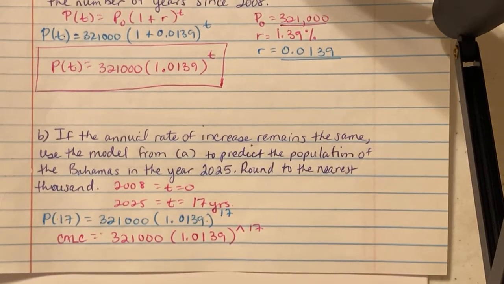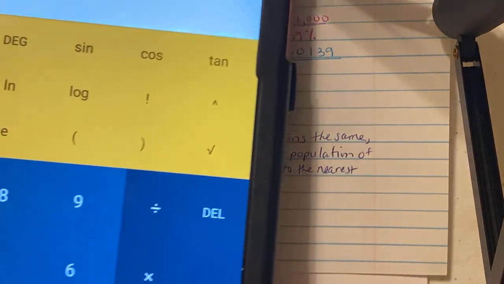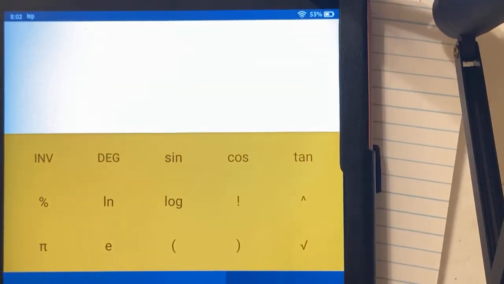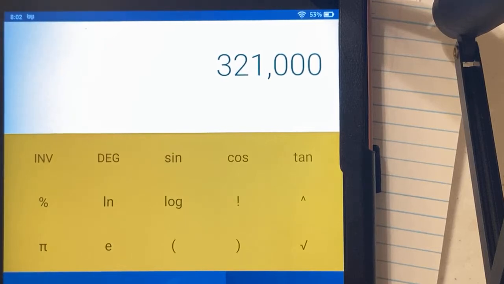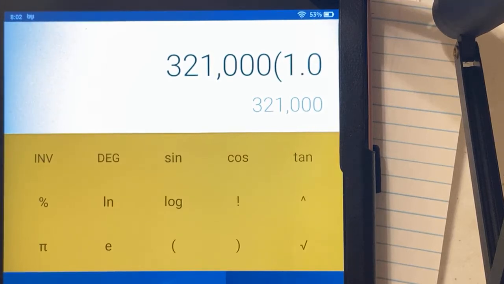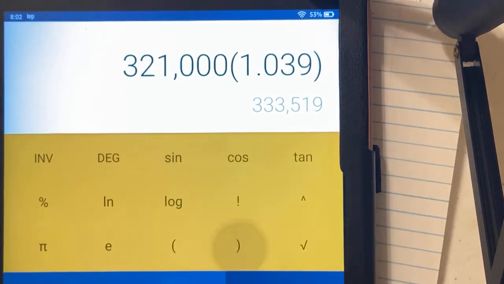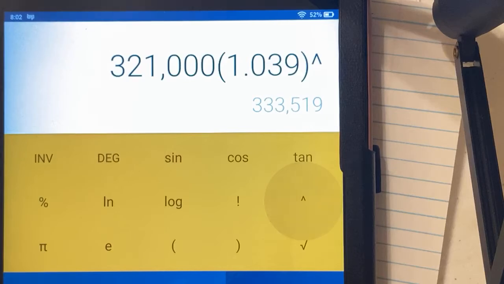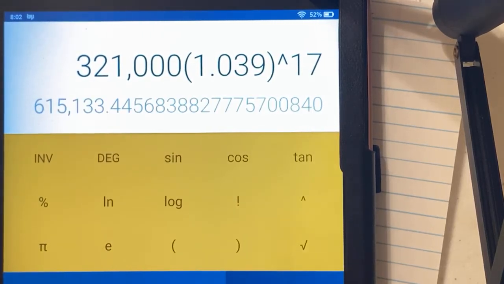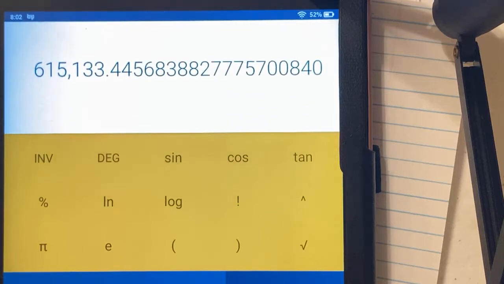So I'm going to bring my calculator over. And we're going to write 321,000, parentheses, 1.0139, close it, hit my caret key here, and hit 17 because I want to raise to the 17th power, and then hit equals.